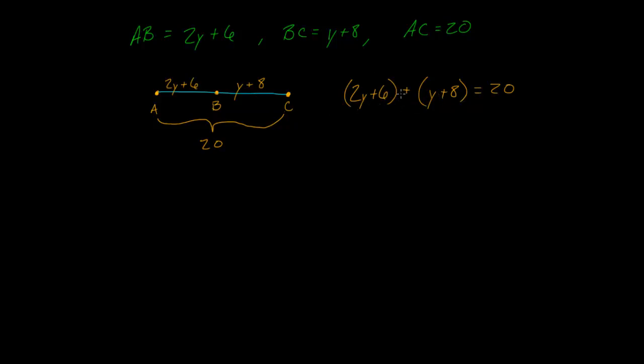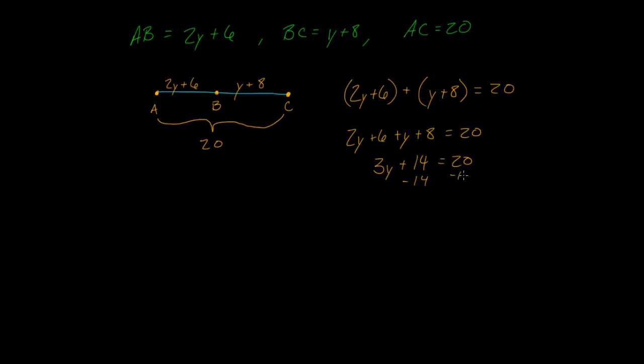Now, since we have a positive sign in front of both parentheses, we can take everything out without changing any signs. 2y plus 6 plus y plus 8 equals 20. Combine our like terms: 3y plus 14 is now equal to 20.